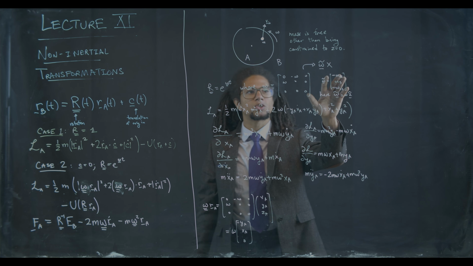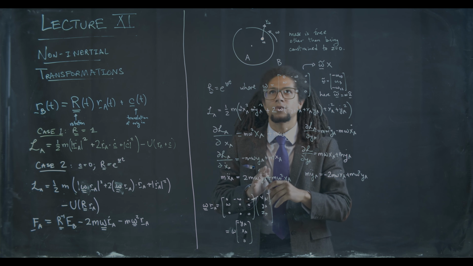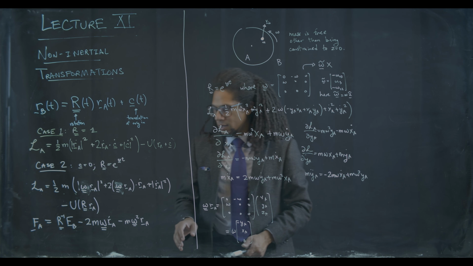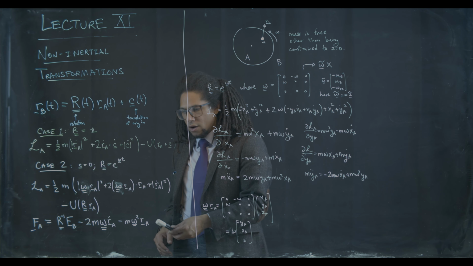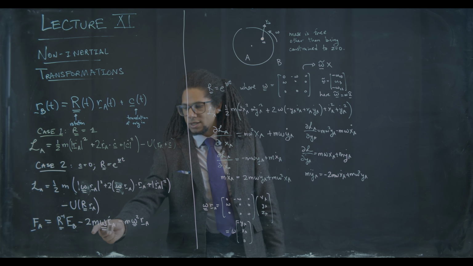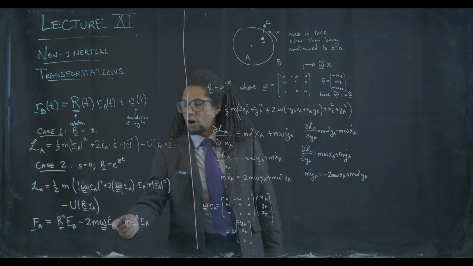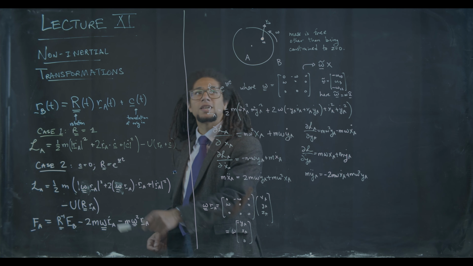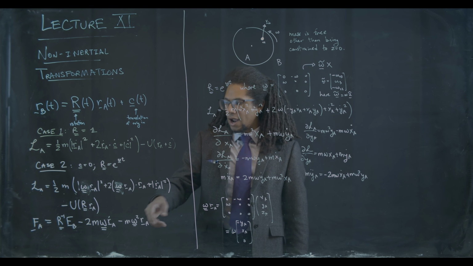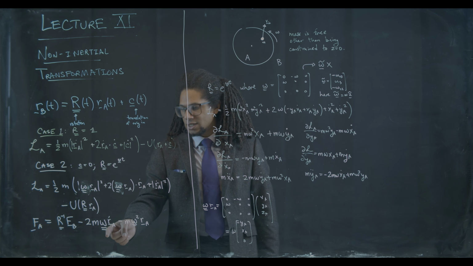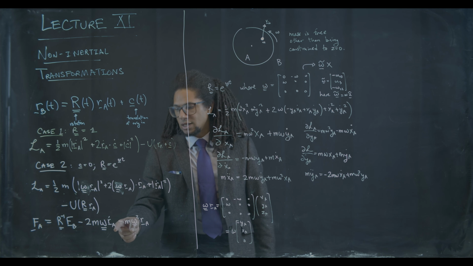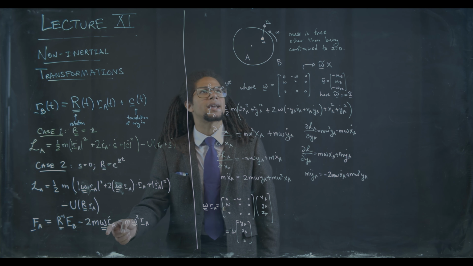All right, now using this result, I want to see pictorially what direction the Coriolis force should go in. Here we have the Coriolis term, and what it looks like is minus this omega tilde vector cross RA dot, which is like V. So I want to take the cross product of omega tilde with RA dot and take its negative. That's the same as taking the cross product of RA dot with omega.